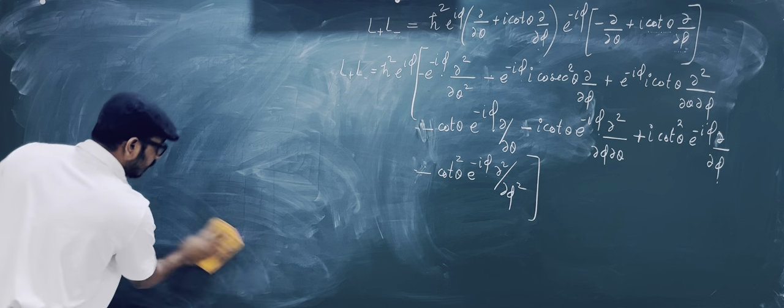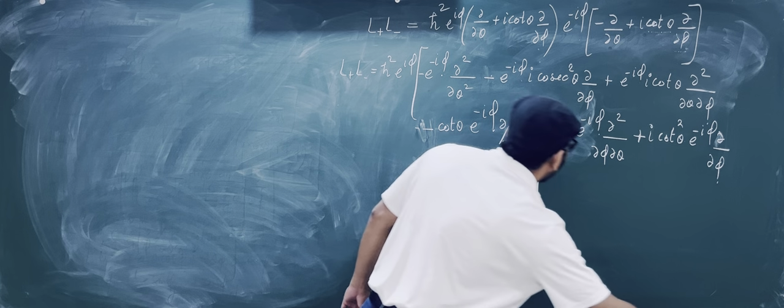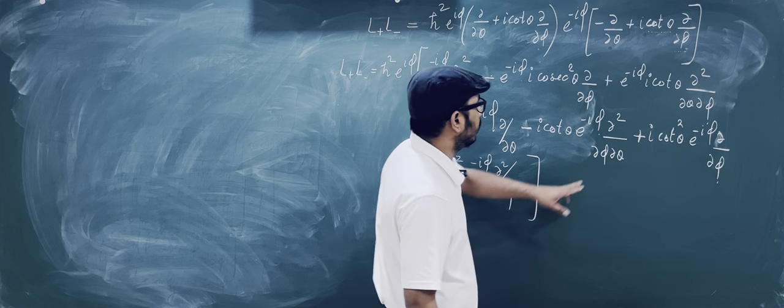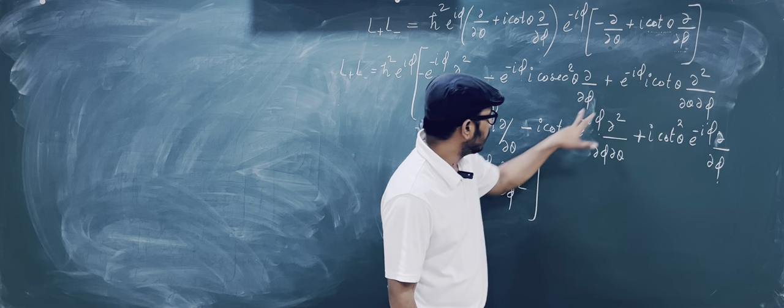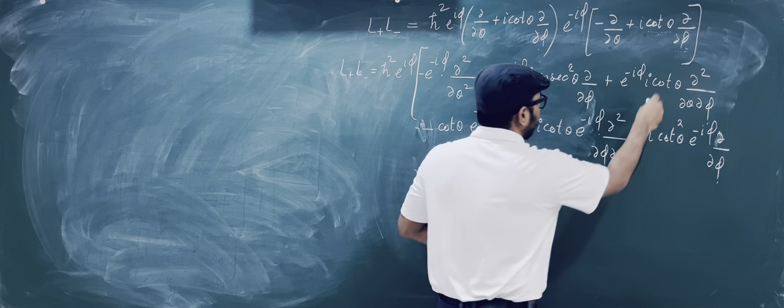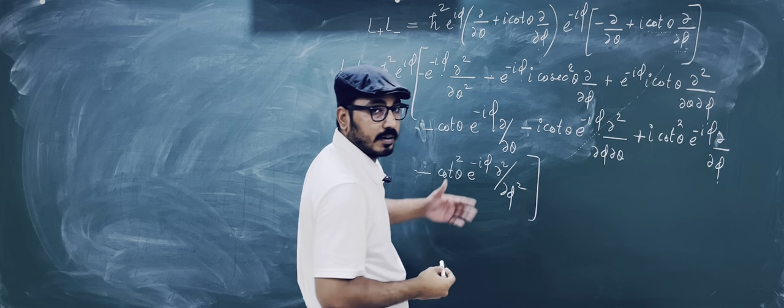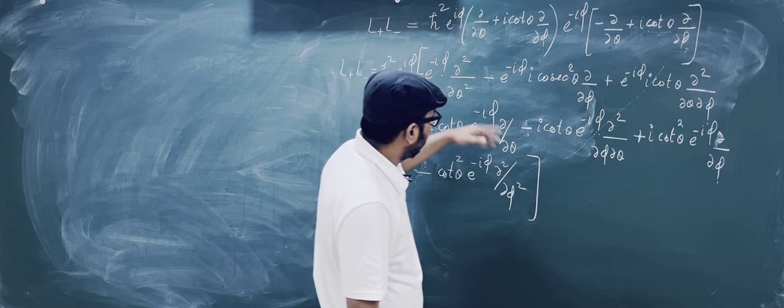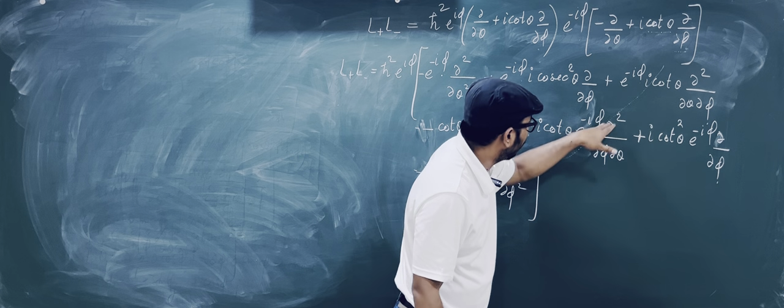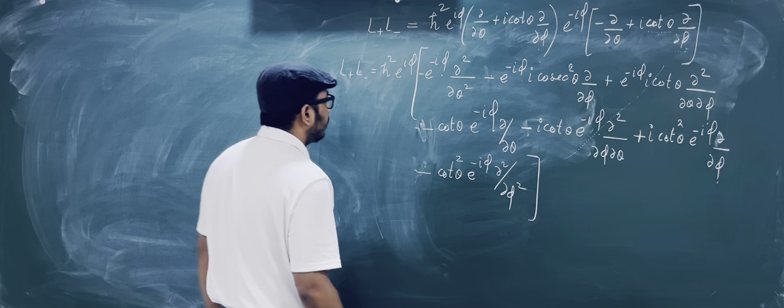All right, now what we are going to do is to rearrange these terms to get something nice and beautiful. So as we can see here, these two terms are exactly similar. This is plus, this is minus, so these will be cancelled out. So at least the two big things are gone. Great.